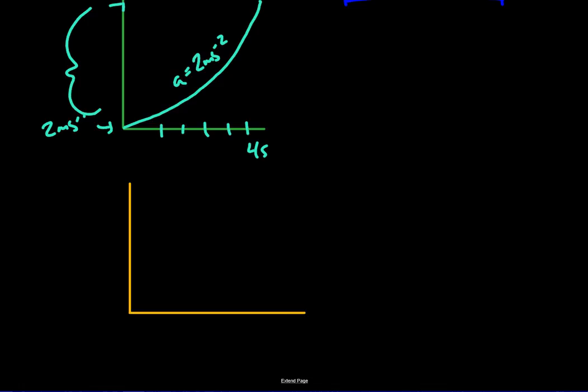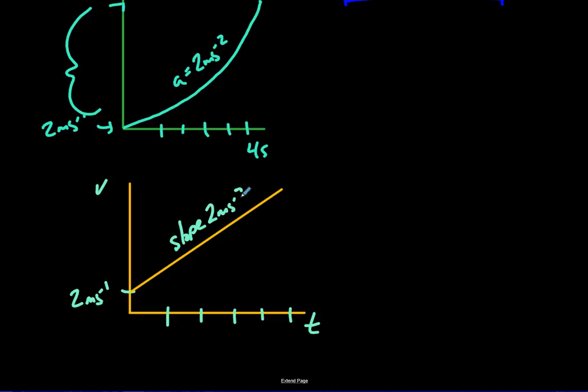Okay. Here's our initial velocity. Here's our 4 seconds. We have some final velocity. So our initial velocity was 2 meters per second. And we know that we have a final velocity that's up here somewhere. And we know what the slope of this graph is. The slope is, of course, 2 meters per second squared, right?